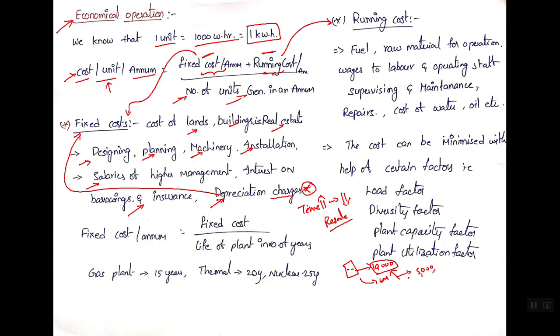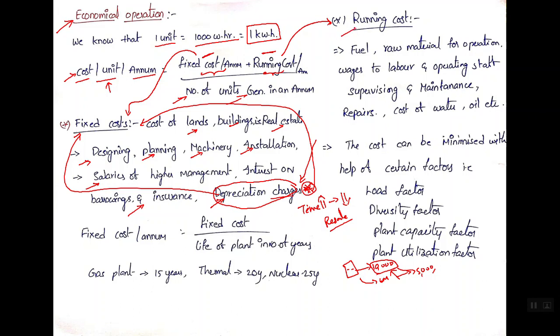That means the cost decreases. In the same way, as the lifetime of the plant increases, the cost of the system may decrease. So that comes under depreciation charges. So these depreciation charges come under fixed cost. It is the most important one.